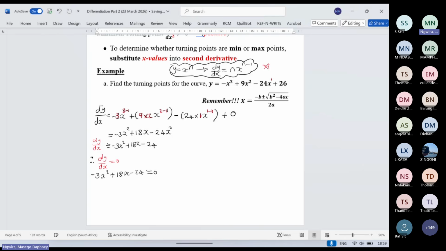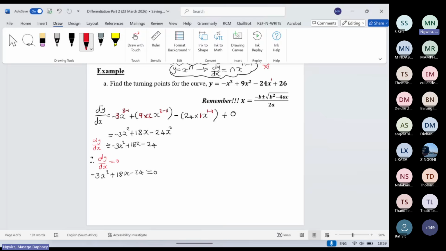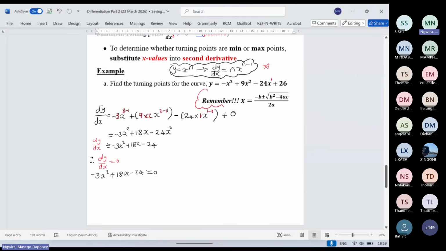And then someone once asked, when do we use this quadratic formula? We use it when you want to solve for a variable, either q, p, or x, because there's a square here. This square allows us to use this formula. So we are going to use this formula to solve for that x.